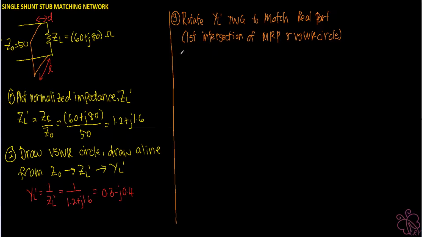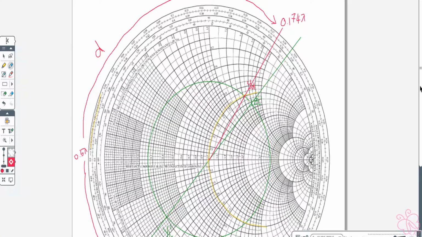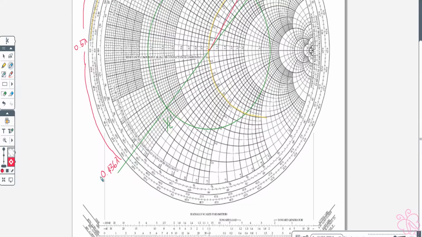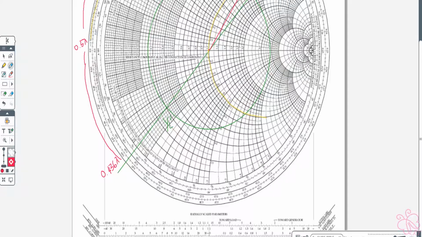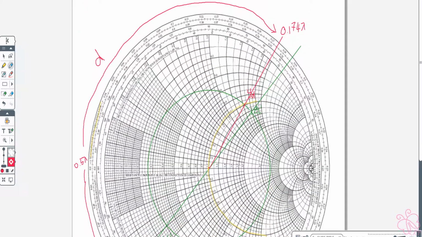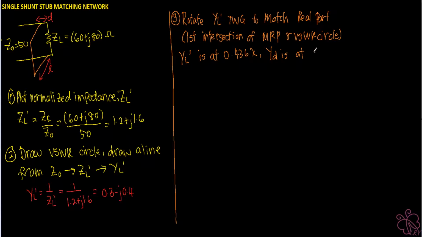So look back at our Smith chart. YL prime is at 0.436 lambda and YD is at 0.174 lambda.